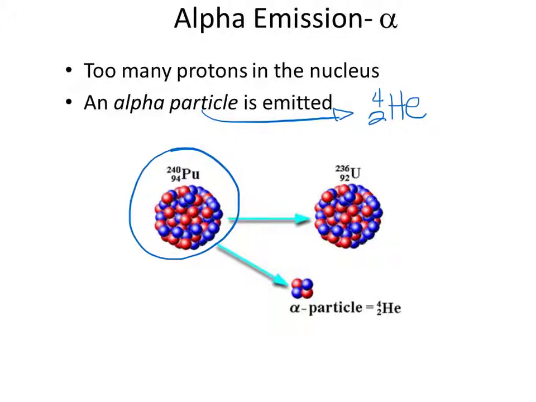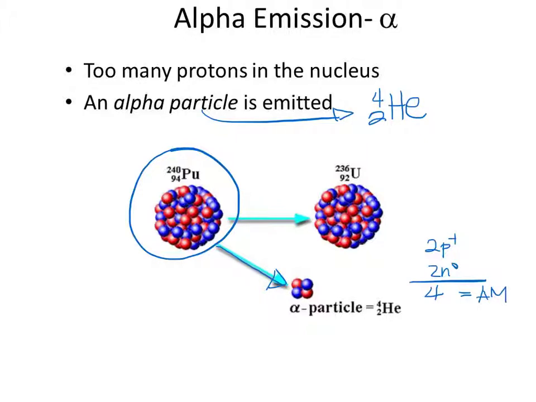When that happens, you end up losing a helium, so 2 protons and 2 neutrons. That tells me the new atomic mass. Helium has an atomic mass of 4 because atomic mass is the number of protons plus the number of neutrons.